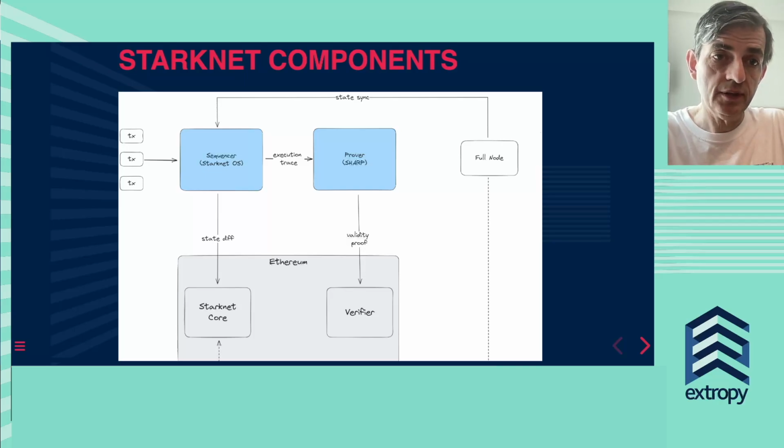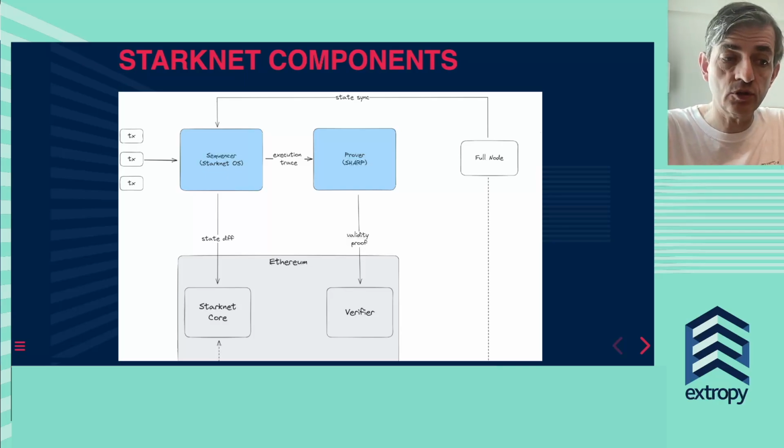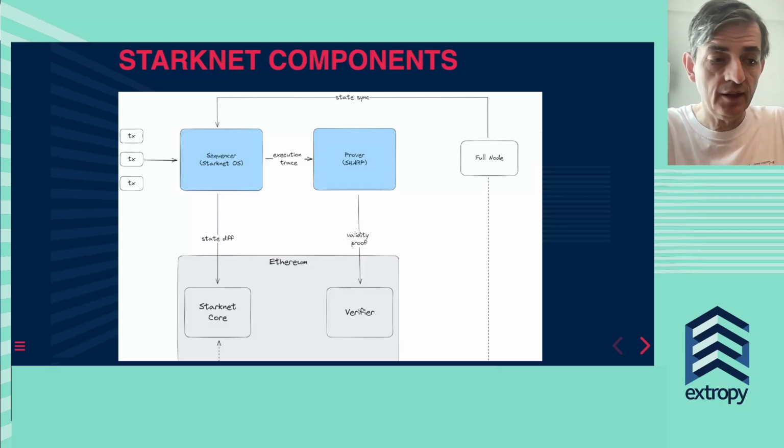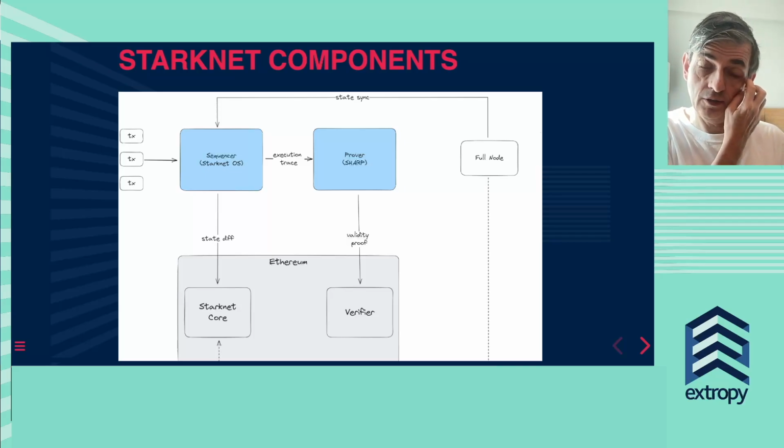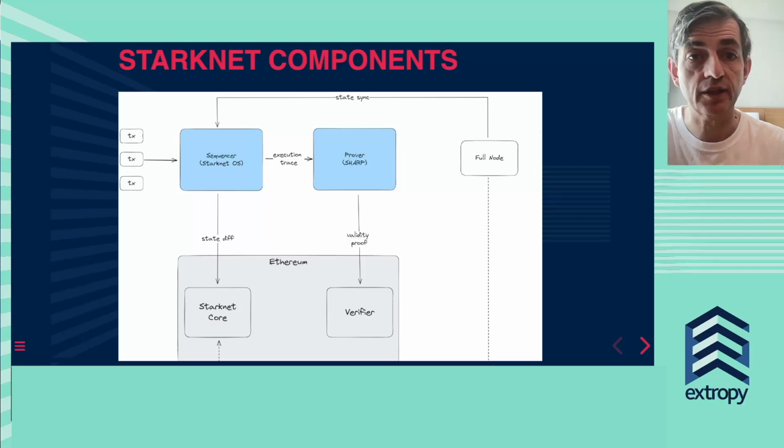And it will take the transactions that it receives from the applications, and it will send those to be executed in the Cairo VM. And the result of that is an execution trace. So it will receive back an execution trace, and this trace is a very detailed description of the execution of the contract, of the transaction within the contract.